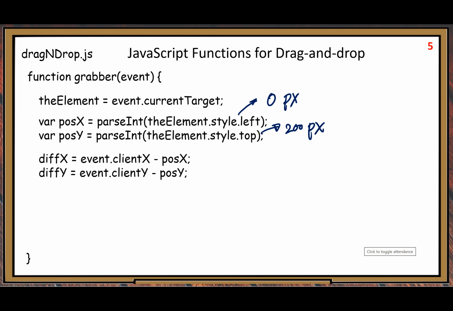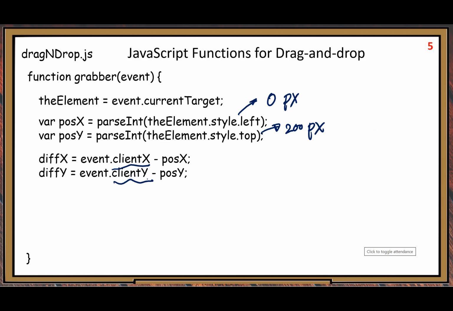Then you calculate the difference. Event.clientX, that event object. Because when you move your mouse, your mouse cursor location keeps changing. This clientX, clientY always return the current mouse cursor location. It keeps changing.